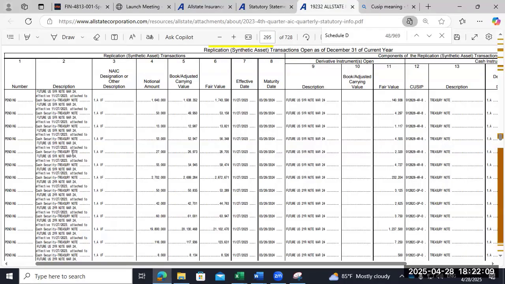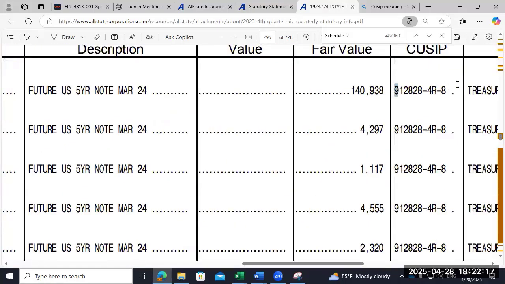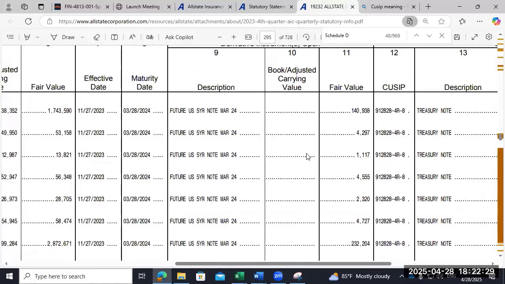I don't see exactly where it is, but they list it in the, oh, here it is. Here's the CUSIP. Doesn't quite look like a stock ticker, does it? A little bit longer number. And the reason for that is Walmart only has one ticker, WMT, but Walmart might have 20 different bonds. And so you have a whole lot more detail, but pretty amazing.